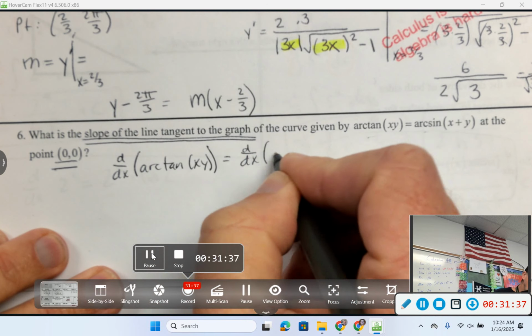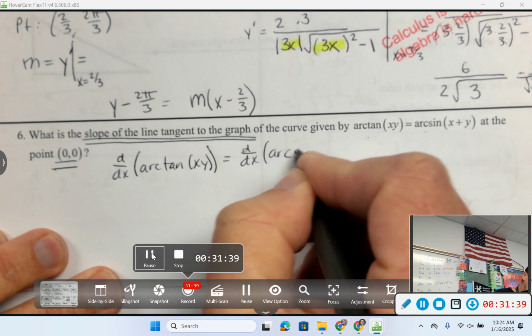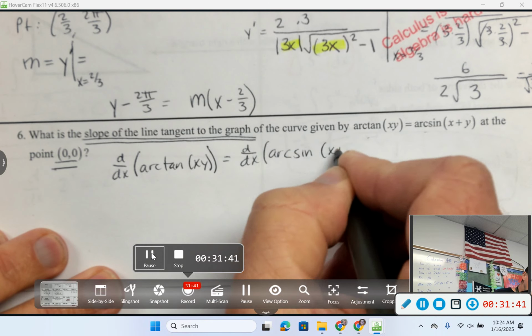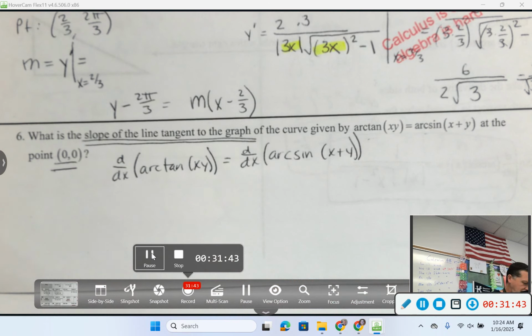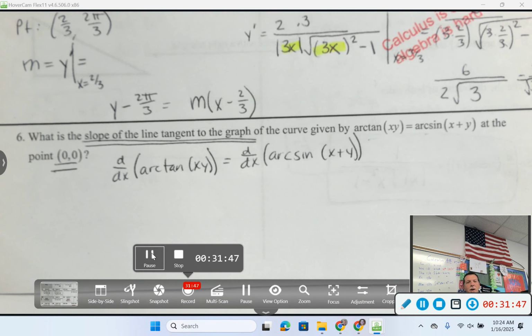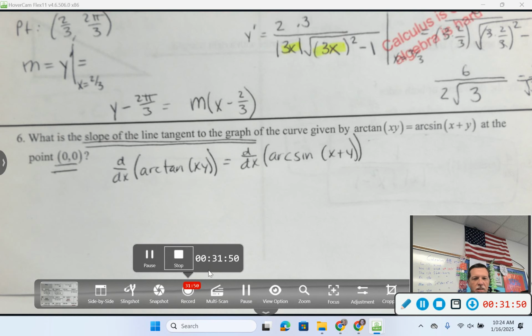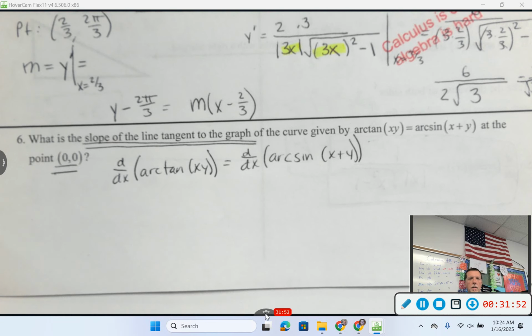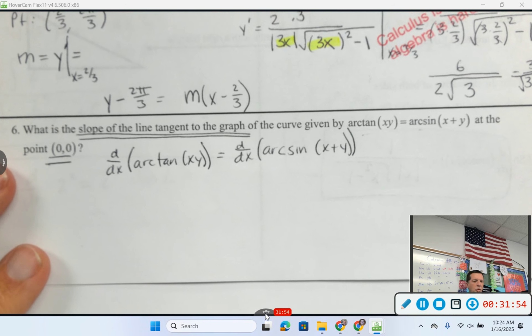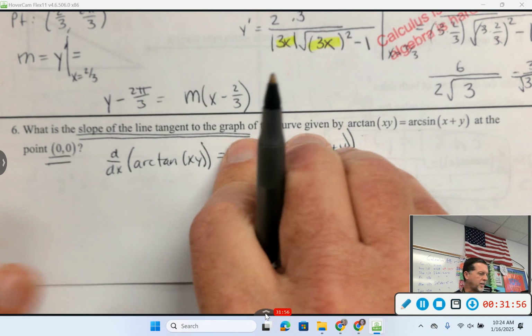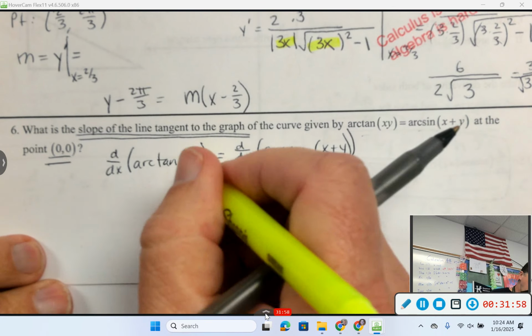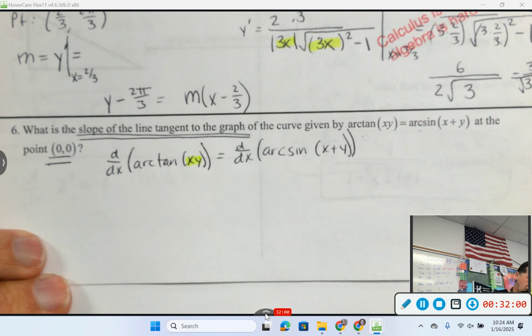So let's take the derivative of both sides. I think this is going to get ugly, but all those zeros in there should help us out. Okay, I guess one side at a time. Derivative of arctan, that's not too bad.